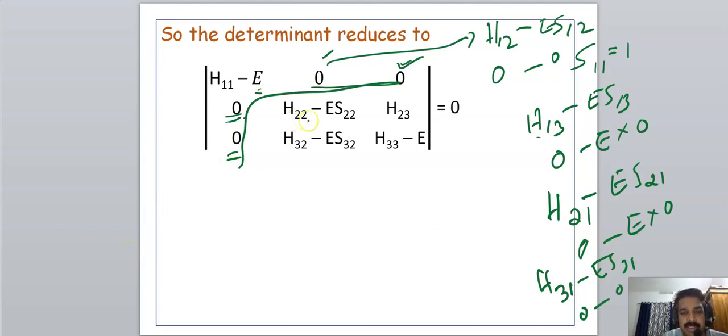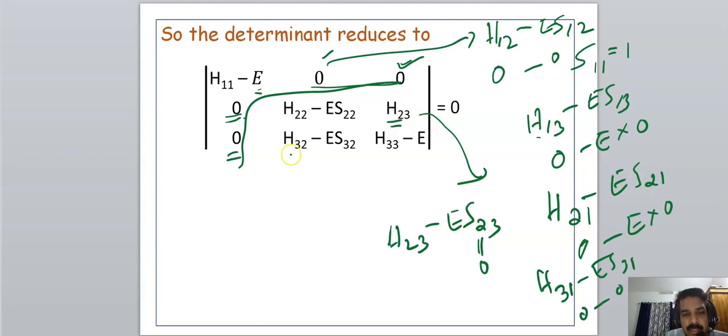And here it is H22 minus ES22, but S22 is equal to 1, so it is H22 minus E. And here also H23 minus ES23, but ES23 is equal to 0, therefore only H23 remains. Similarly here H32 minus ES32, where ES32 is equal to 0, so only H32 is needed.